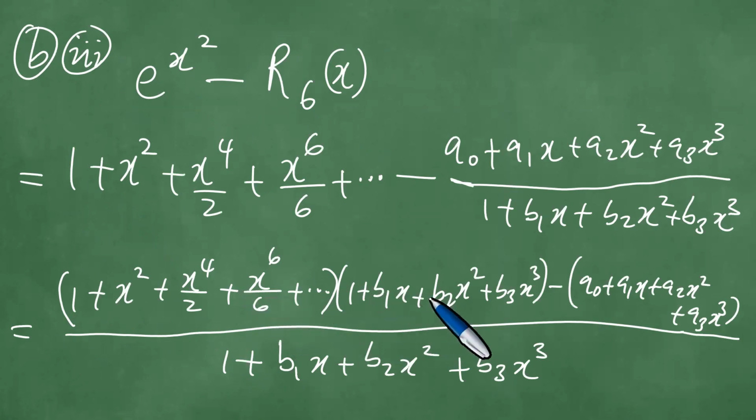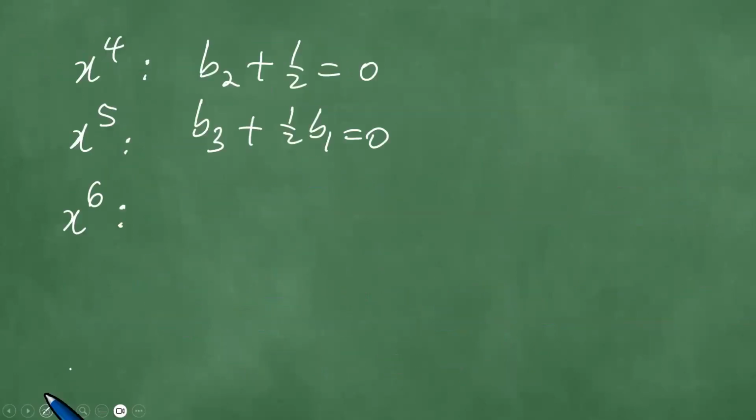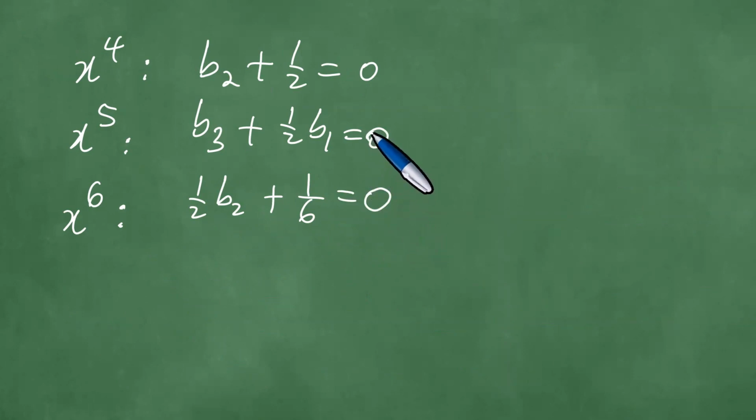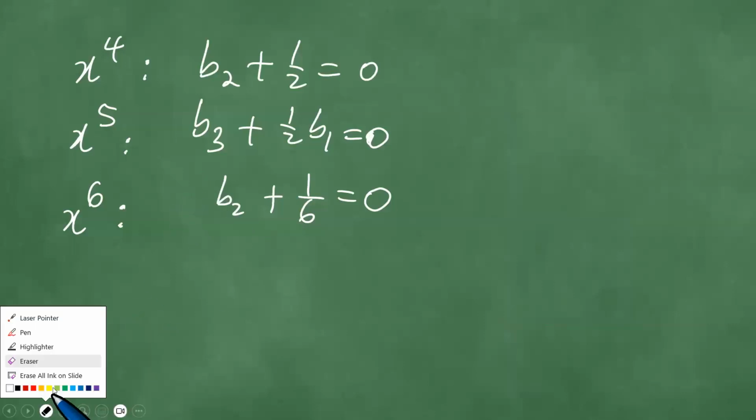But another x to the sixth power is going to come from b2, because b2 x squared by x to the fourth is 1/2 x to the sixth power. Plus 1/6 equals 0. So it's half b2.